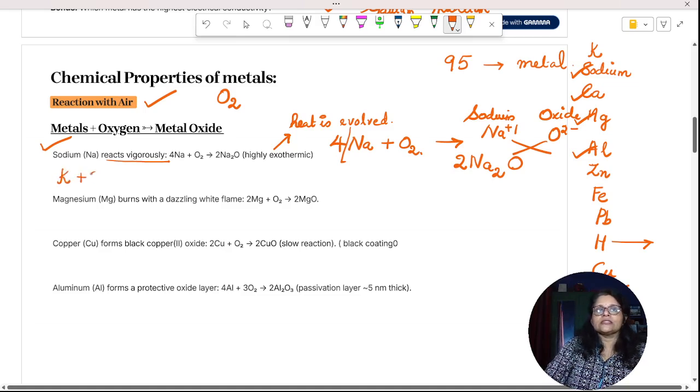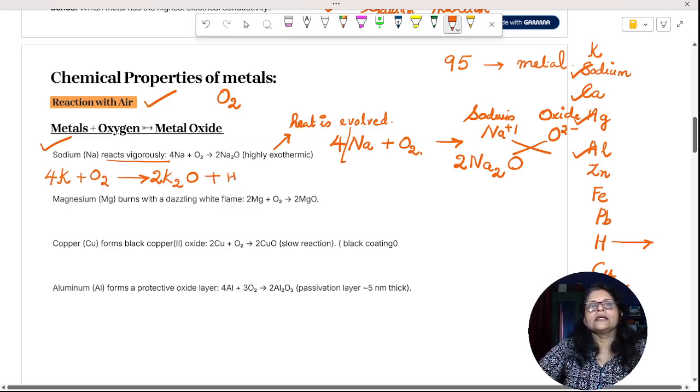Will this show the same vigorous reaction when it is kept outside, open in the air? We will get K2O, same as this, okay? And balancing it, we will be getting a chemical equation like this. And also we can write plus heat is produced.